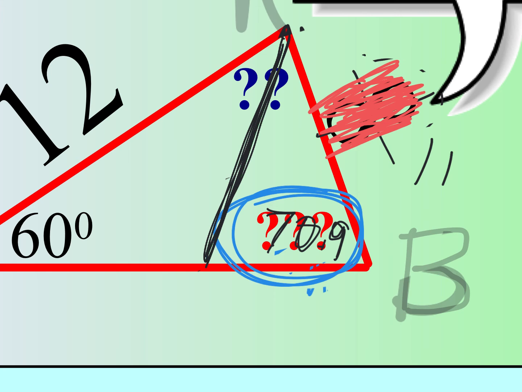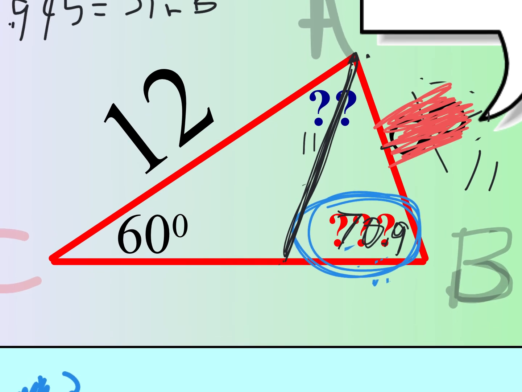Do you get what I mean? The 11 could have swung out, or it could have swung in. These could both have been 11. So 70.9 is one of the two triangles that this thing could form. The other one is this black triangle here.